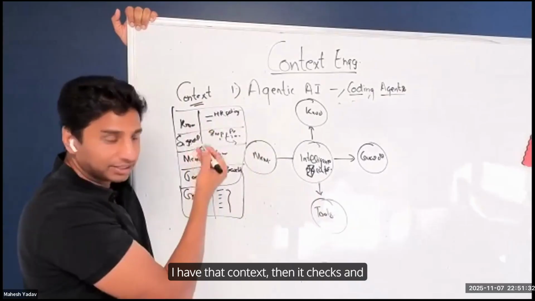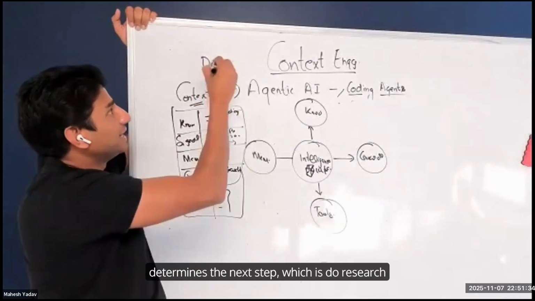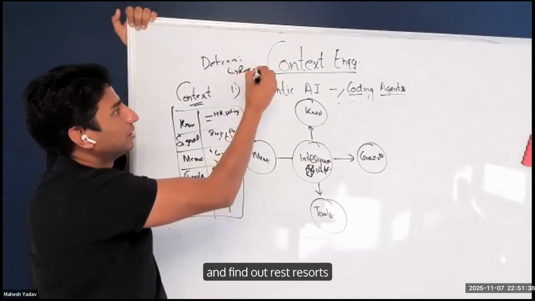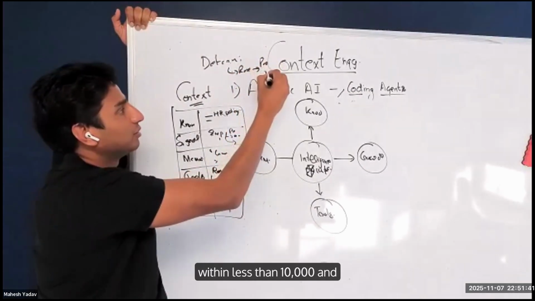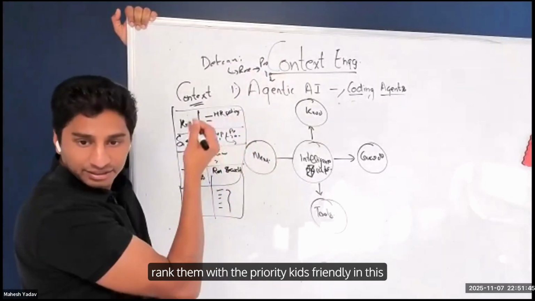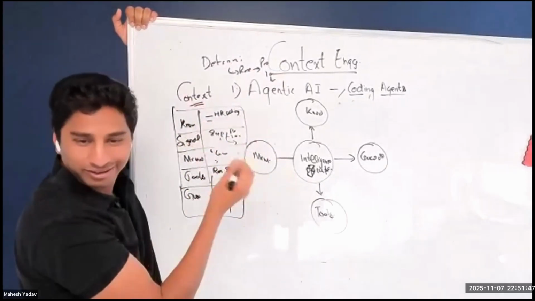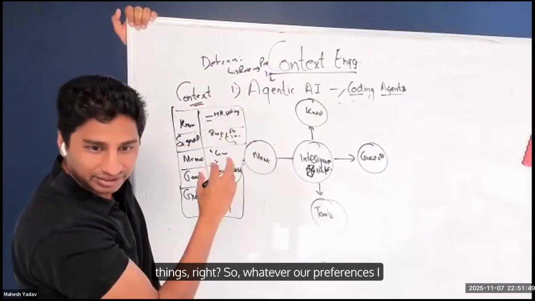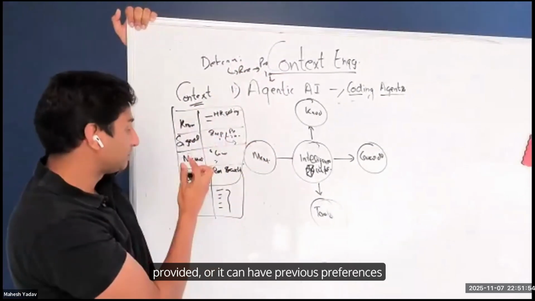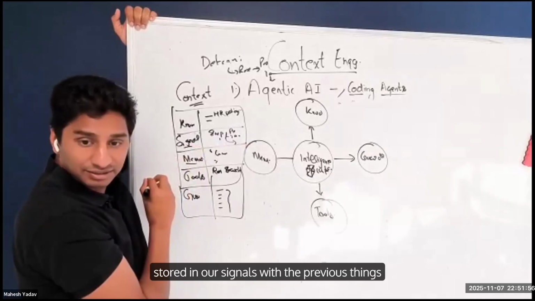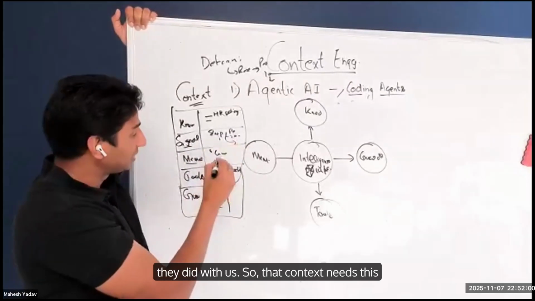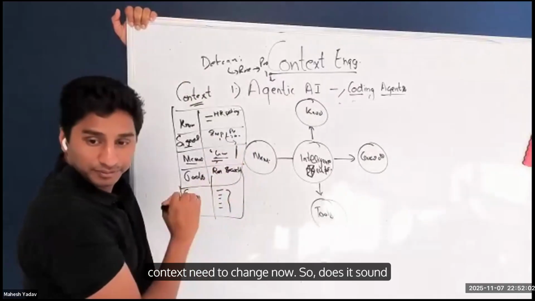Once I have that context, it determines the next step, which is to do research and find resorts within less than 10,000 and rank them with priority: kids friendly, in this area, I'm vegetarian and all those things, right? So whatever preferences I provided, or previous preferences stored in our signals from the previous things they did with us. So this context needs to change now.